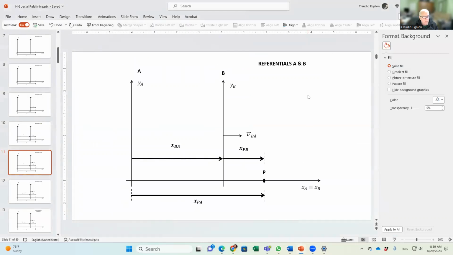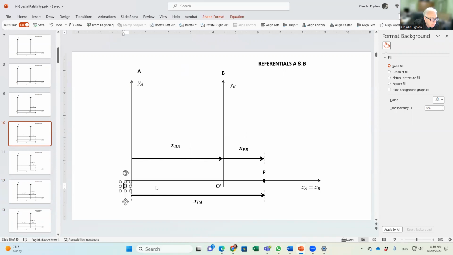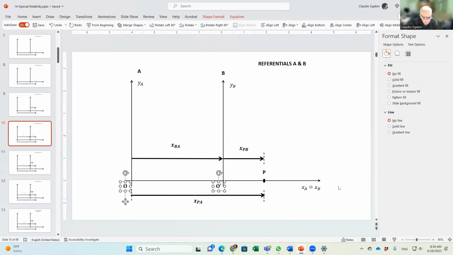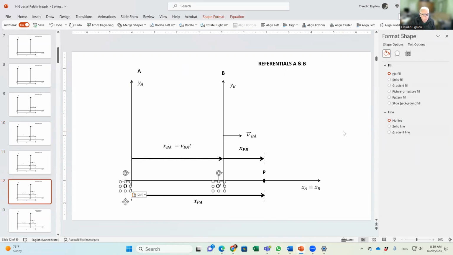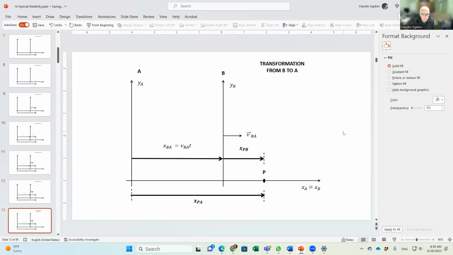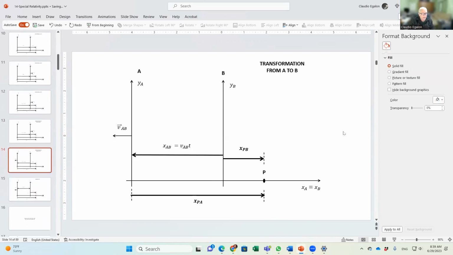So here we go. I am denoting here that X of B with respect to A is V_BA T. There's nothing new here. The only thing that I have to do is add the origin of the two referentials. And what do I have to do now?